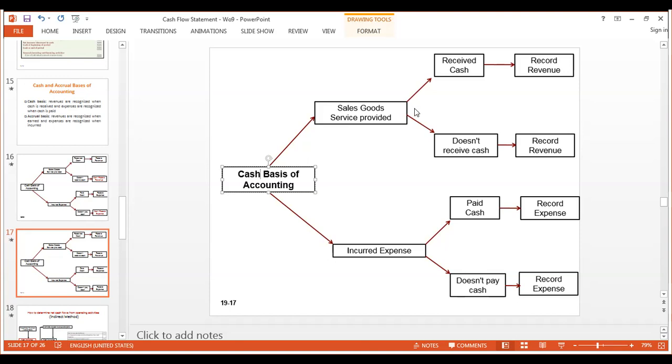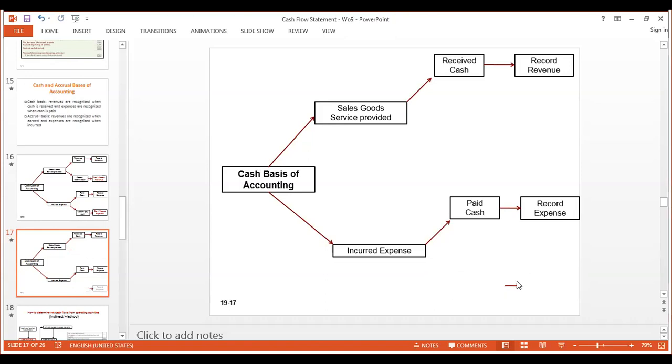Just delete this part. If you delete this part, you can see that accrual basis is converted into cash basis, right? Look, all transactions are now related with cash. We deleted the transactions that are not related with cash. So this is called indirect method actually.